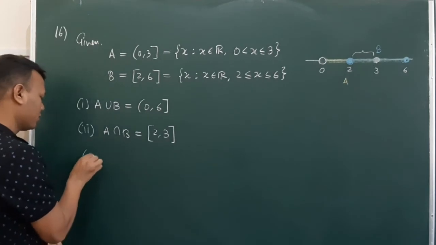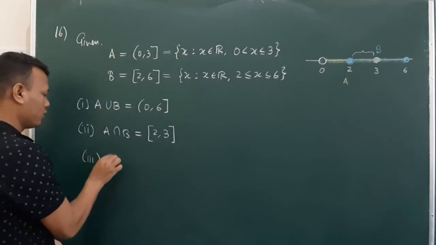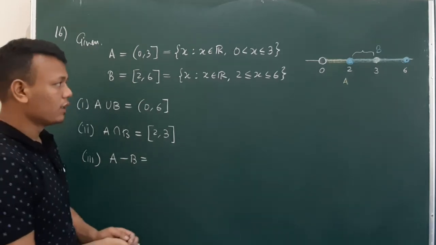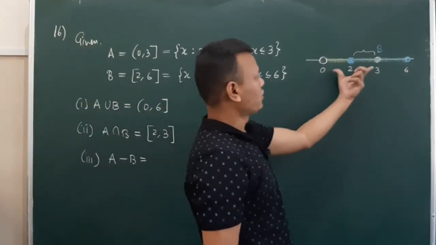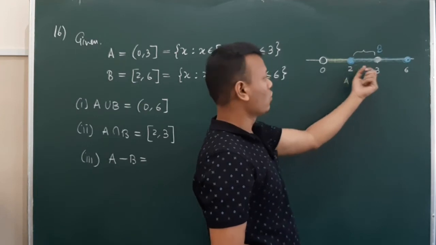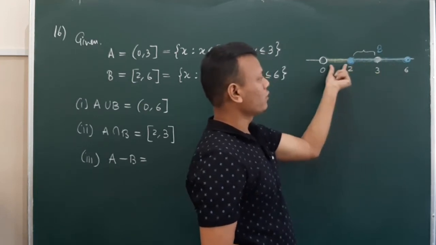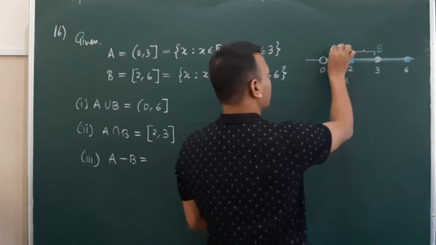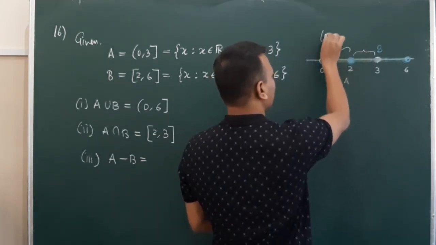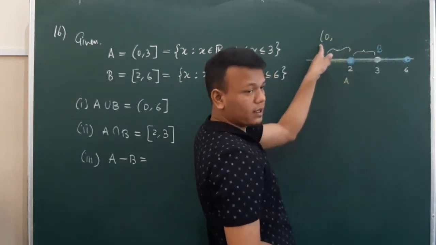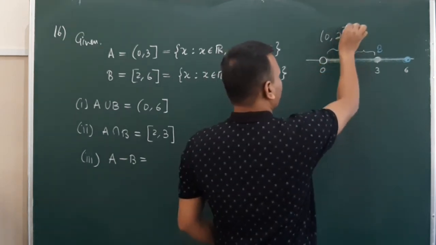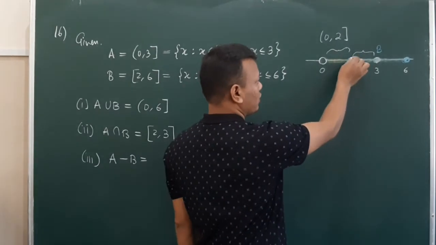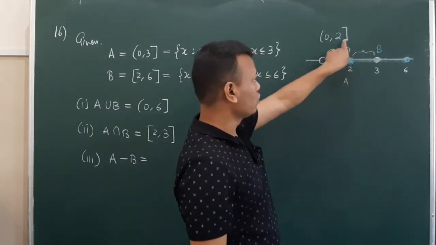Alright, next number 3. We need to find A minus B, the elements of A which are not in B. These are the elements of A which are not in B, isn't it? This is 0, it is open, right? Now can we include 2?